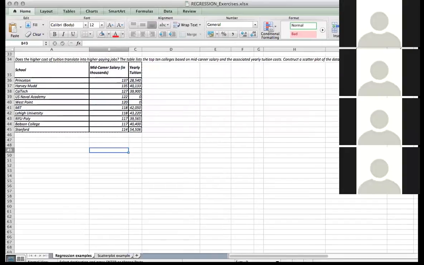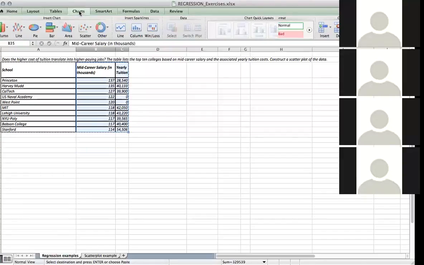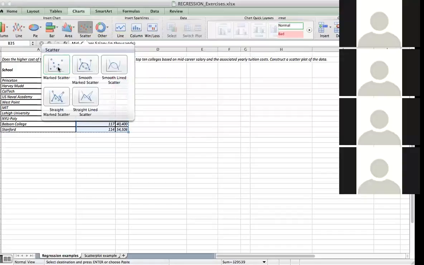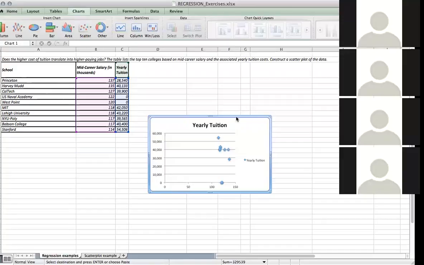It's pretty straightforward. You highlight the areas that you want, so mid-career salary and yearly tuition. And then we go into charts, and we hit the scatter here, and we ask for a marked scatter.